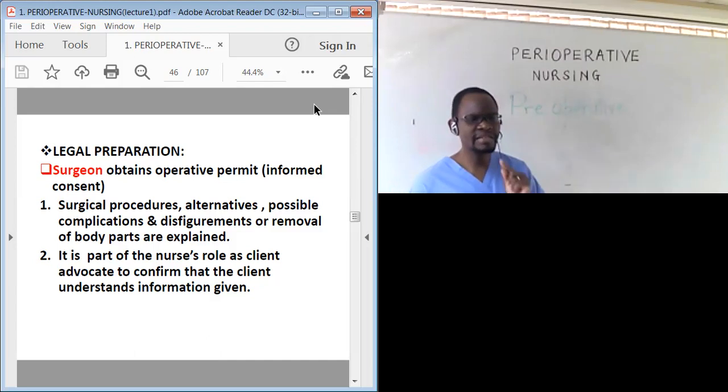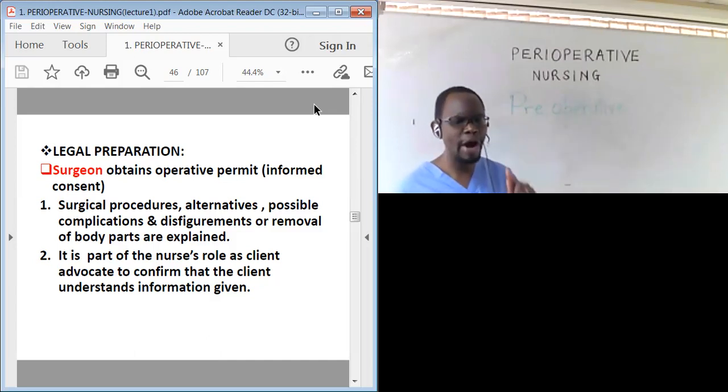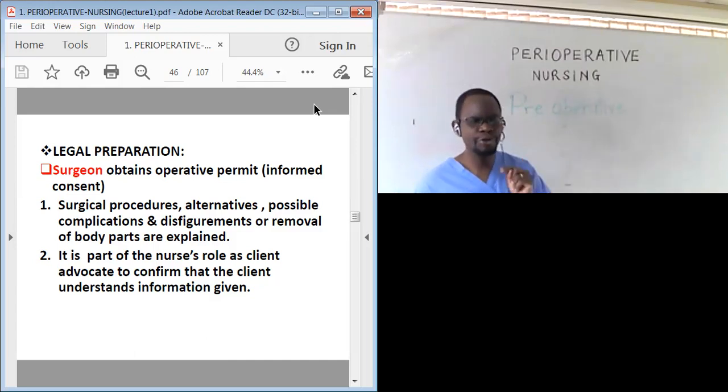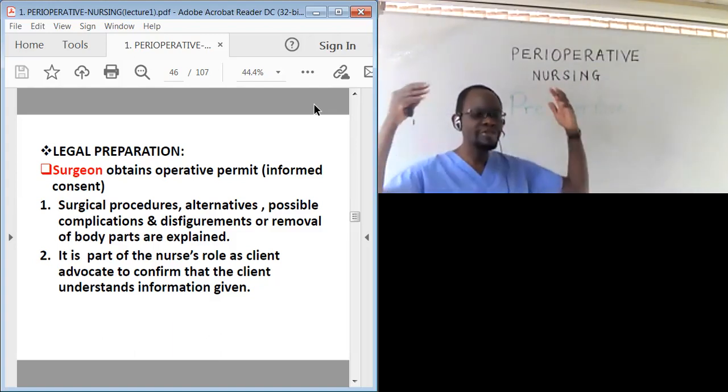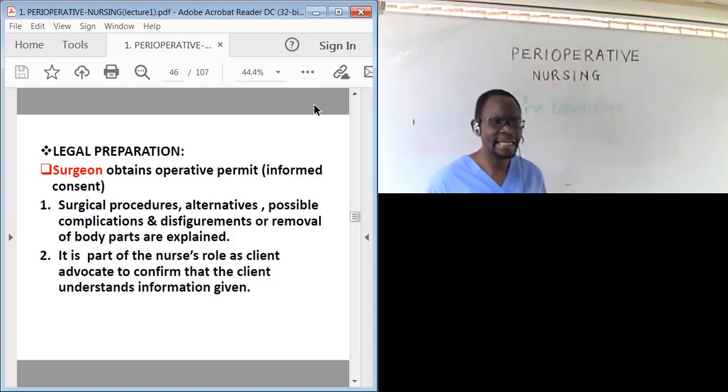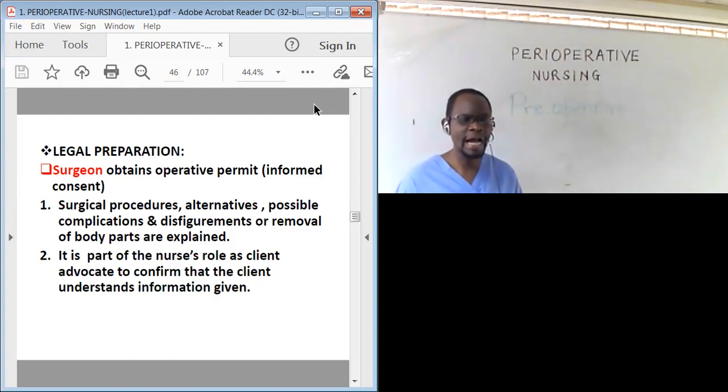This is the primary role of the surgeon. The surgeon engages the patient, in the presence of a nurse.